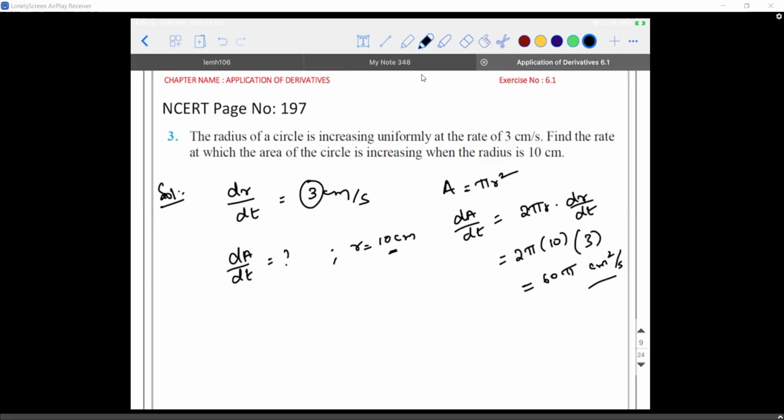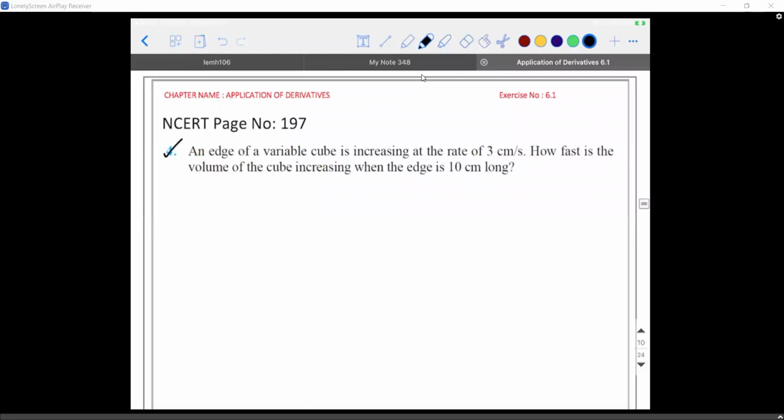Okay. An edge of a variable cube is increasing at the rate of 3 cm per second. How fast is the volume of the cube increasing when the edge is 10 cm long? da/dt is 3 cm per second.